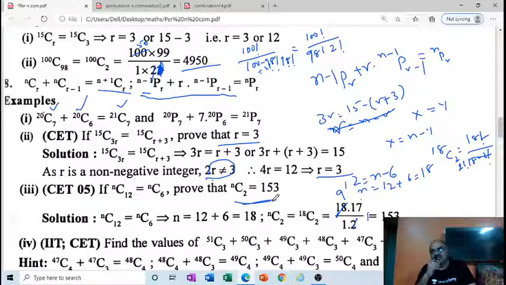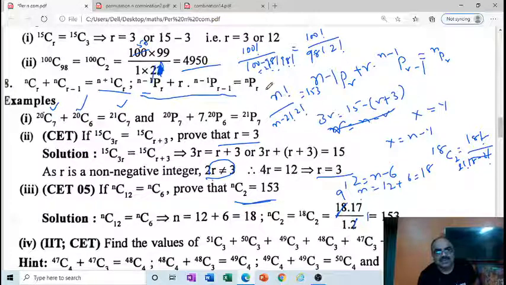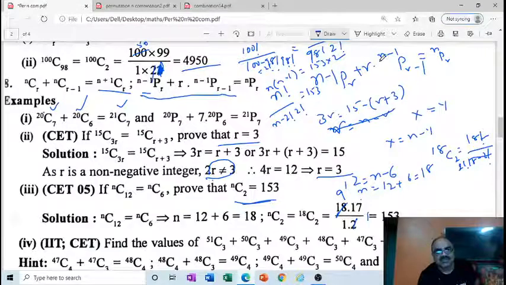One more method of solving this: NC2 you can take as n factorial by n minus 2 factorial into 2 factorial equal to 153. Now n minus 2 factorial cancels, you get n into n minus 1 equals 153 into 2. Now you have to factorize it in such a way that you get 2 terms, and that will be n.